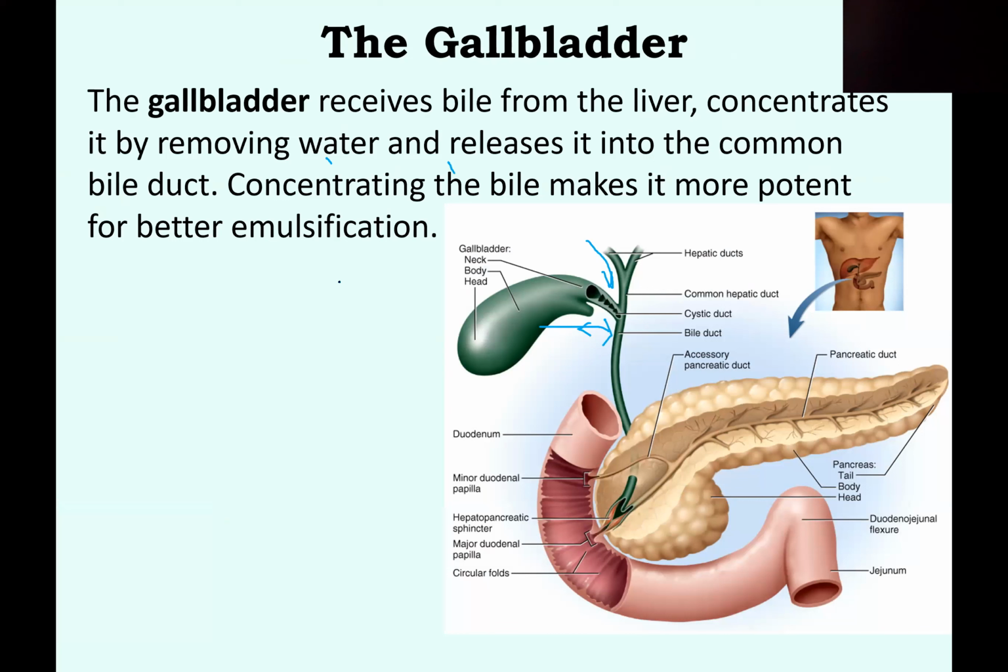The gallbladder is going to remove water and make it more potent so that it acts better and more quickly. Then the bile proceeds down that common bile duct into the duodenum.